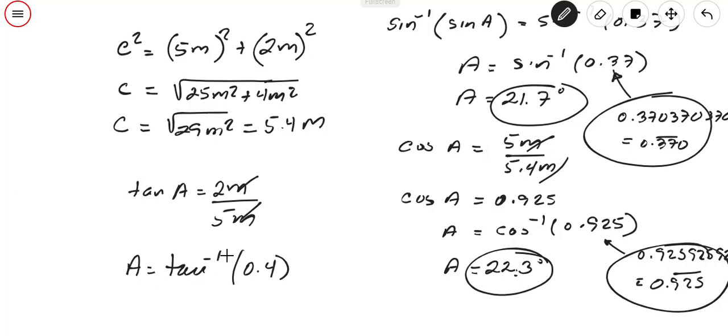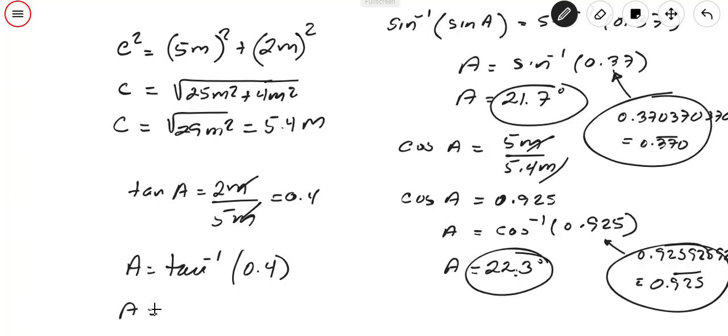So the tangent of A is 0.4. So you take the tangent inverse of 0.4.